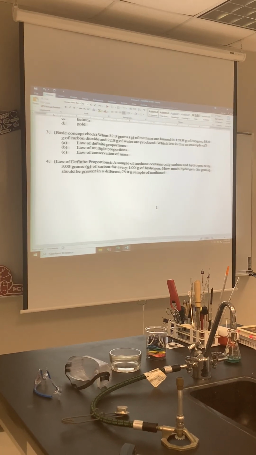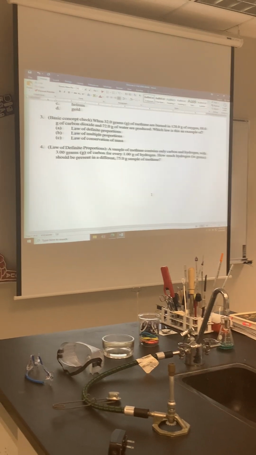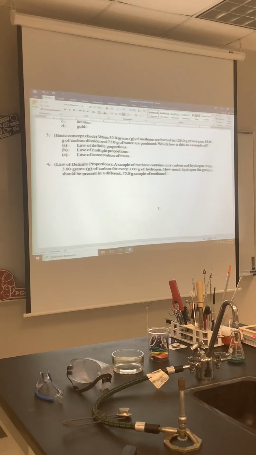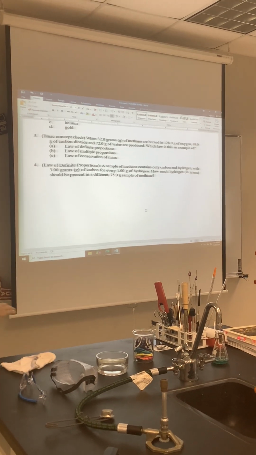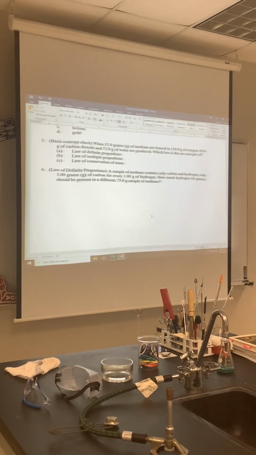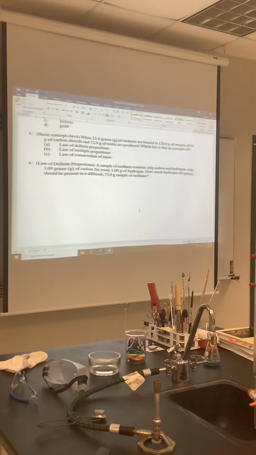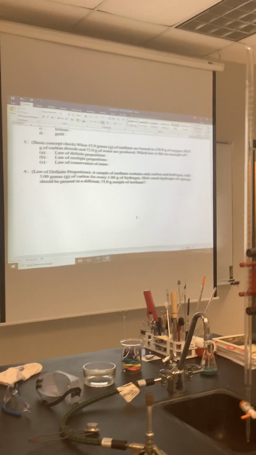This one has a basic concept check where we have a chemical reaction in which we burn methane, which by the way is CH4, also known as swamp gas, a form of natural gas.